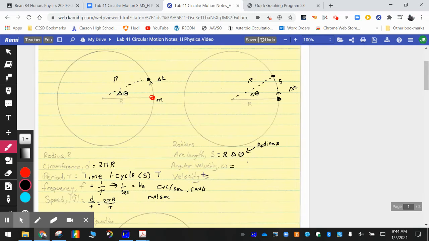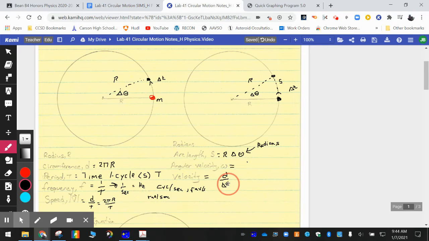So how can we connect velocity, arc length, and angular velocity all together? Here's how we would do it. Velocity is simply distance over time, or delta t in this case.